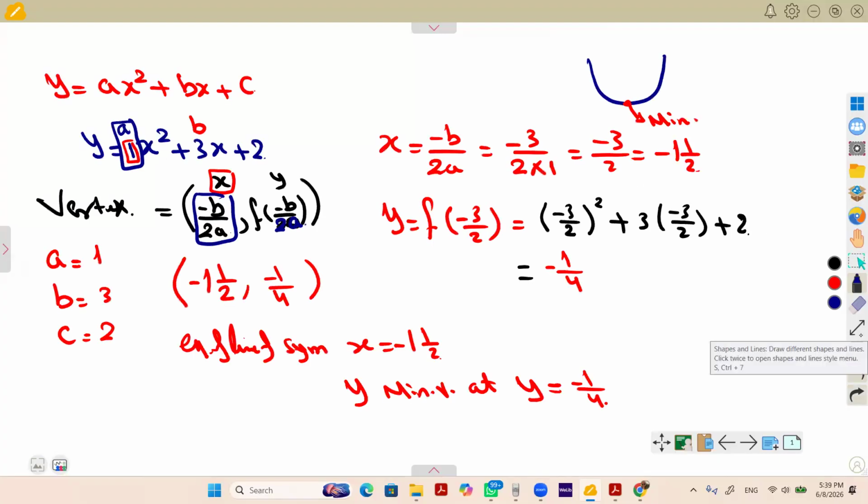Can you tell me, Rashid, what is the vertex again? X is negative b over 2a, and y is the function of negative b over 2a.